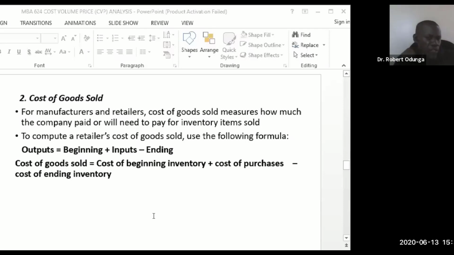So from accounting, we know this. To determine the cost of goods sold, we take the cost of opening inventory, we add the purchases, and we less the cost of ending inventory.